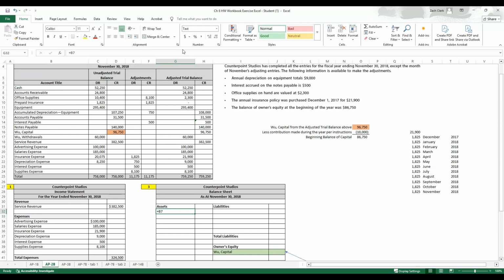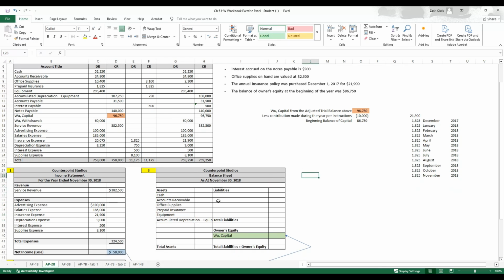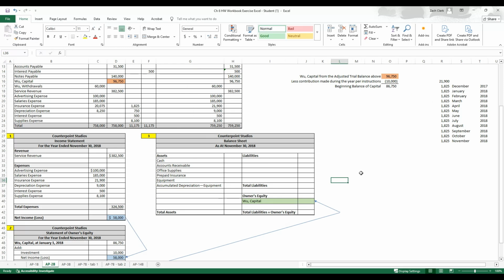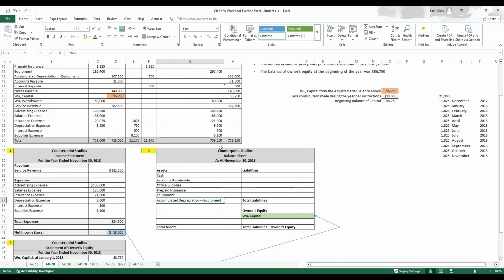Let's pick, oh, I got to do that little fix there. And then let's bring in everything there. Whenever you see words that run off the cell like this, you can double click the edge of the column and it will automatically resize to fit what's in the space there.